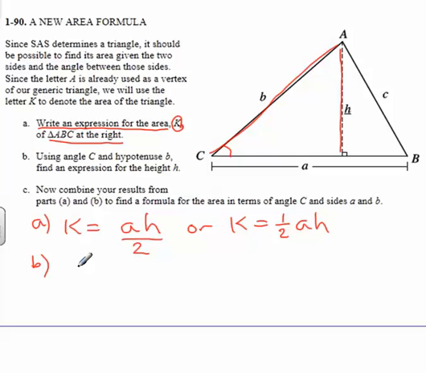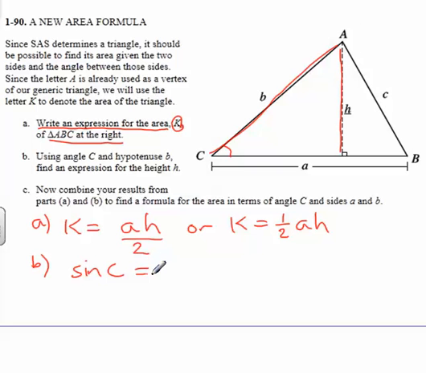I would say that if we do the sine of angle C, because here's our right angle, here B is our hypotenuse, and from angle C, H would be our opposite side.